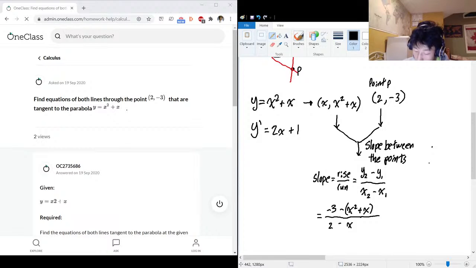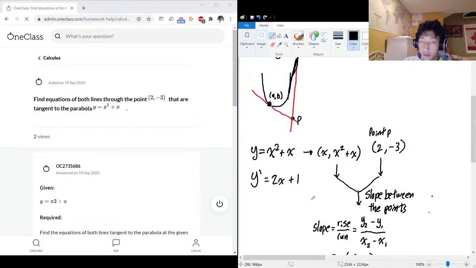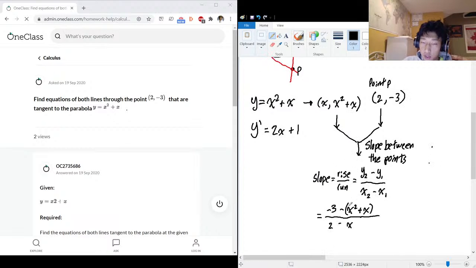Okay, so this is the slope between the point of interest P and a point there. But that slope has to be equal to the derivative for it to be a tangent line. So how about we just set this whole thing equal to 2x plus 1, which is the derivative.